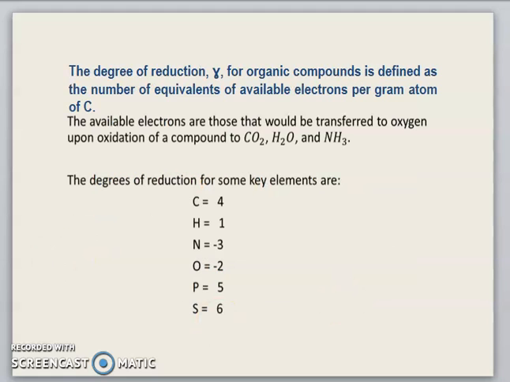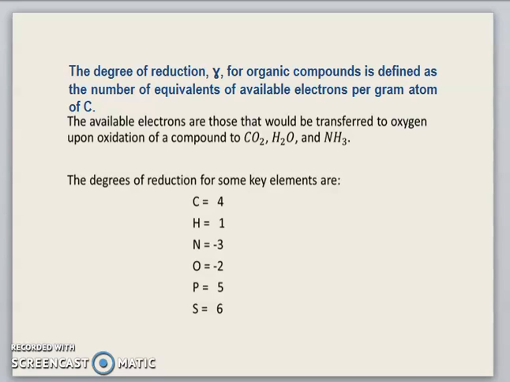The degree of reduction, denoted by gamma, for organic compounds is defined as the number of equivalents of available electrons per gram atom of carbon. The available electrons are those that would be transferred to oxygen upon oxidation of a compound to CO2, H2O and NH3.